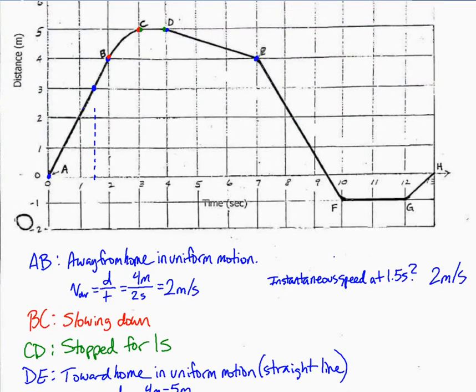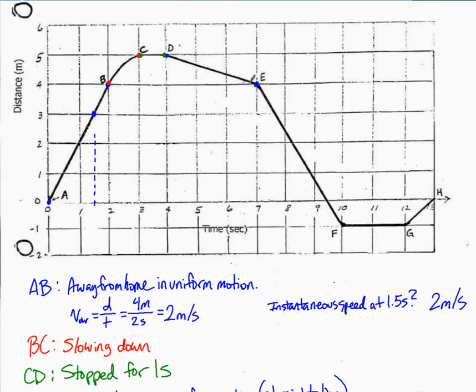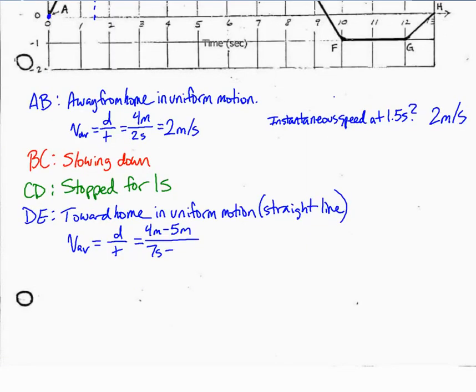So at the second point, that's a time of 7 seconds, minus this other time, and that is at 4 seconds. And so what we have is negative 1 meter over 3 seconds.